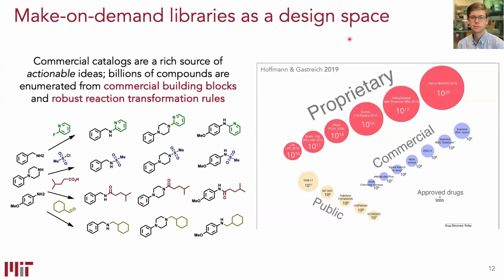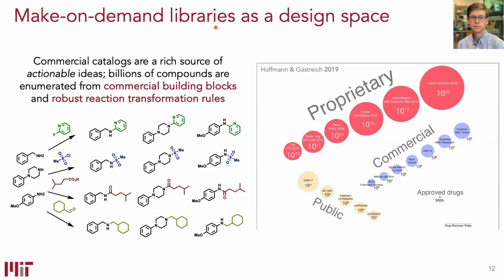So these chemical vendors and companies like to build what we call make-on-demand libraries. These make-on-demand libraries basically say, I've got some finite number of molecules in my laboratory that I have access to. And I have some set of robust chemical transformations that I think I can run. So I think I can take an acid and an amine, make an amide bond, make that amide product.